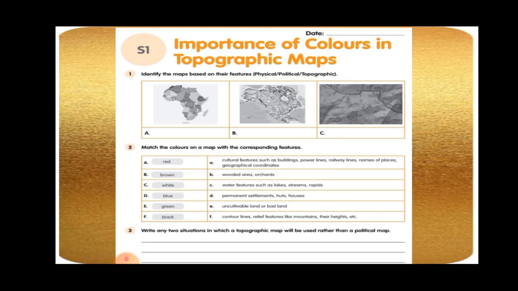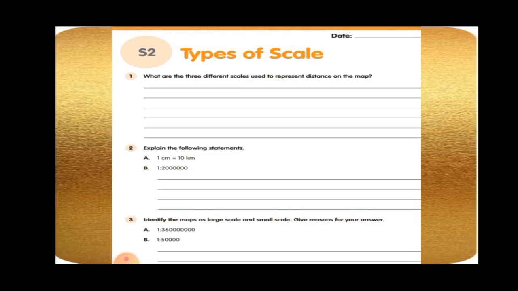It will also be beneficial when we want to know about the climate, rivers, topography of an area by just looking at the map. Understood? So let's move to the next worksheet, that is types of scales.